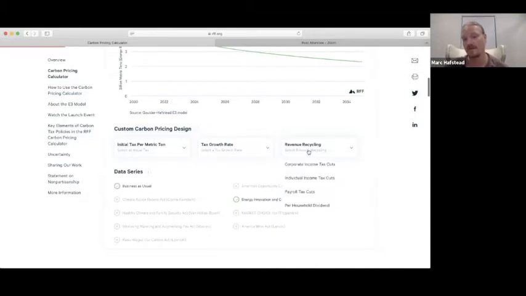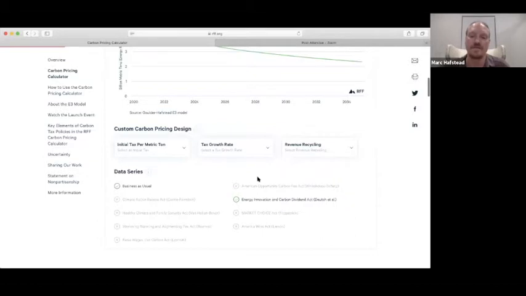And then the revenue recycling here, we only consider revenue neutral policies. So we have the per household dividend, as in the Energy Innovation and Carbon Dividend Act. We also include payroll tax cuts, individual income tax cuts, and corporate income tax cuts. So these are the custom policies.